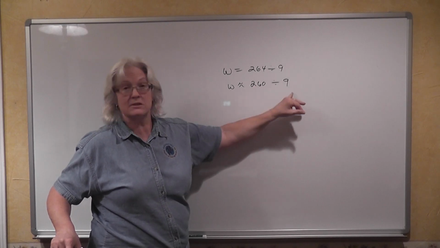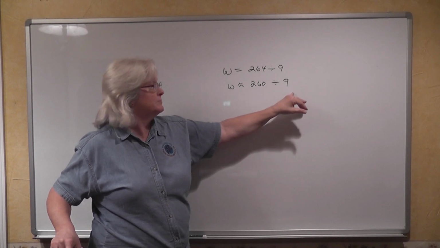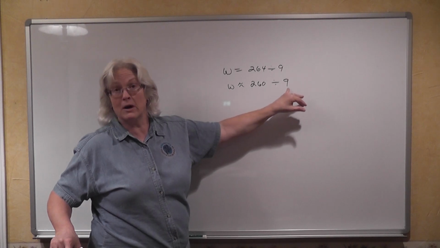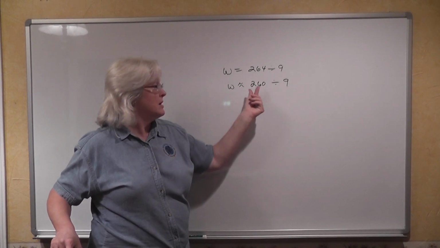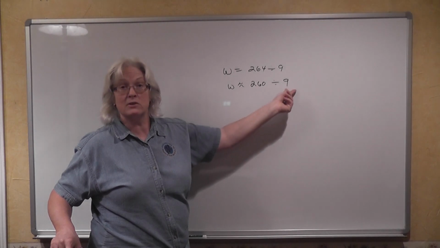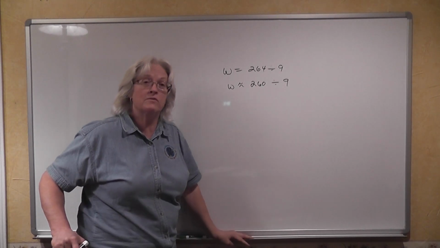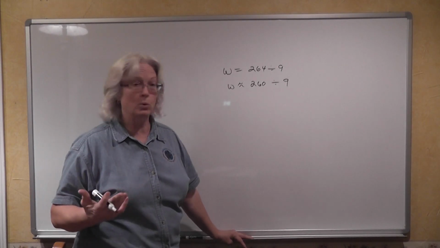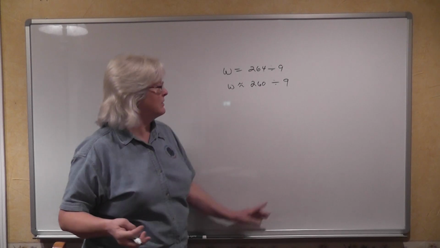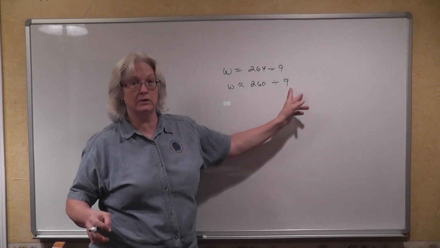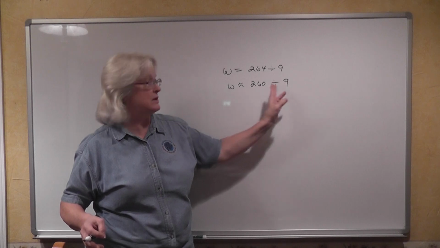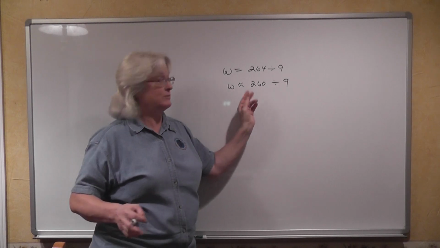Can you take 26 divided by 9? No. 4 times 9 is 36. But there's no multiplication fact that involves 9 where you get 26. But you can think, okay, 1 times 9 is 9, 2 times 9 is 18, 3 times 9 is 27.